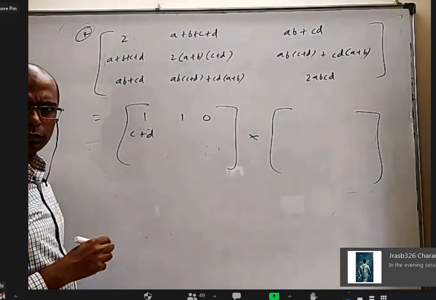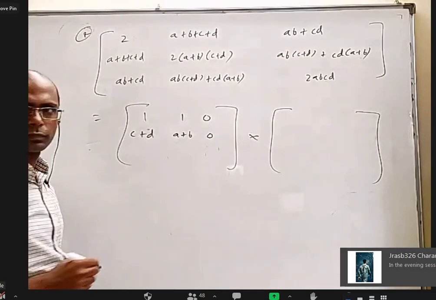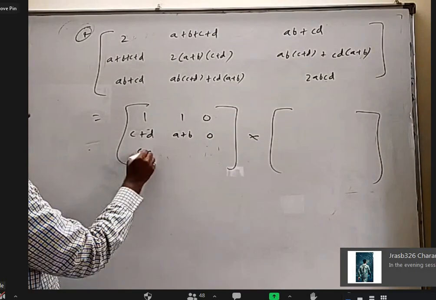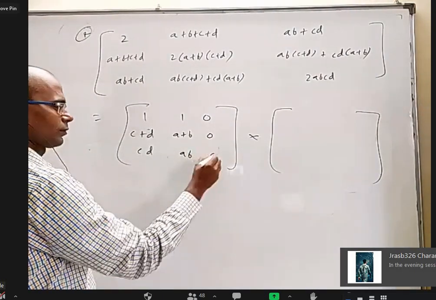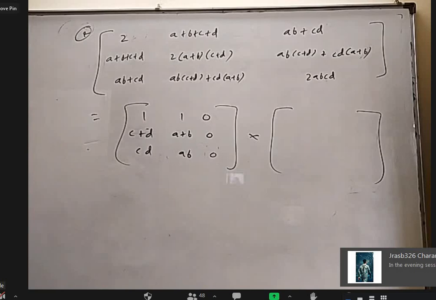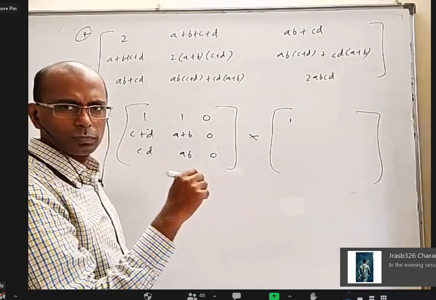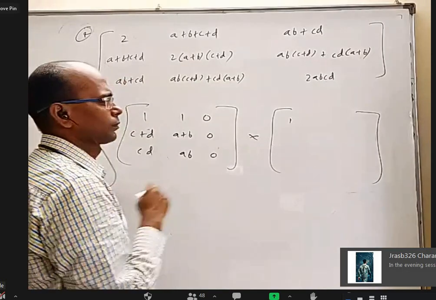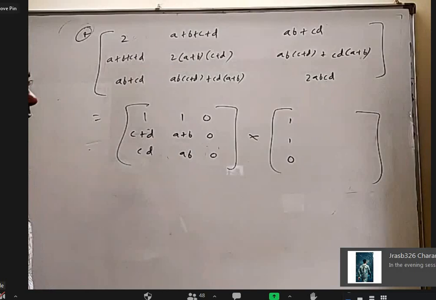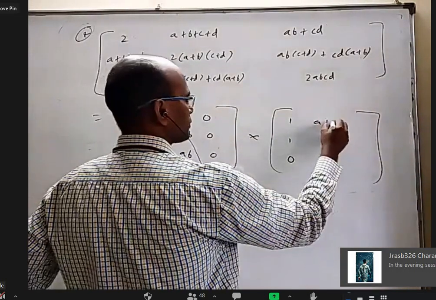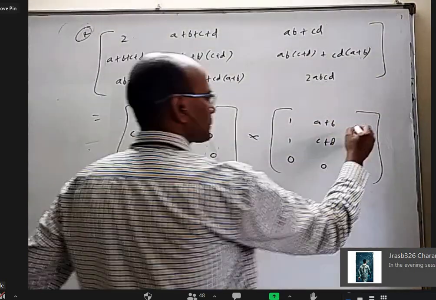A plus B. 0. CD. AB. 0. Sir, again 1. You are telling column or row? Column, sir. Okay. 1, 1, 0. Okay. A plus B. C plus D. 0. AB. CD. 0. Okay.